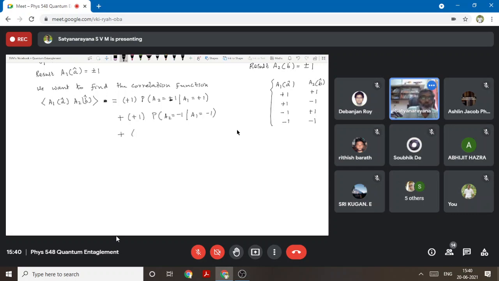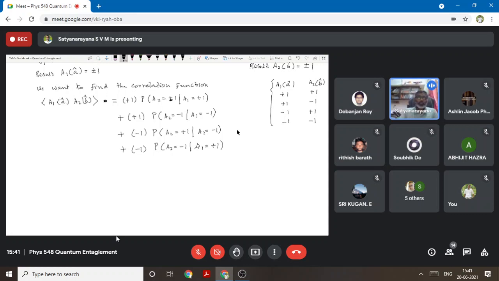Plus, I will have now -1 times the probability that A2 is equal to +1 given A1 is equal to -1. Plus, I will have -1 times the probability that A2 is equal to -1 given A1 is equal to +1.